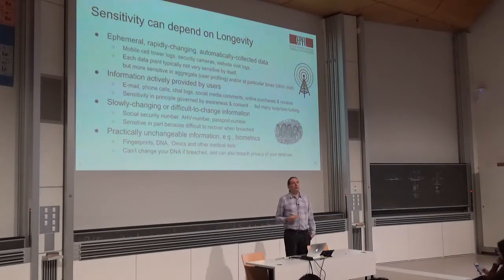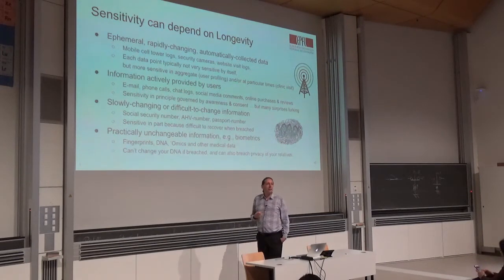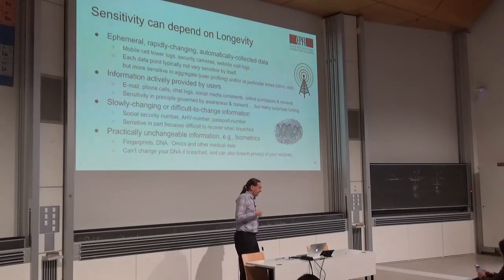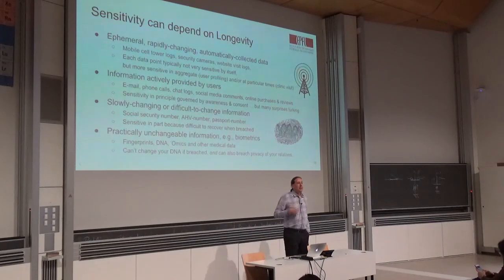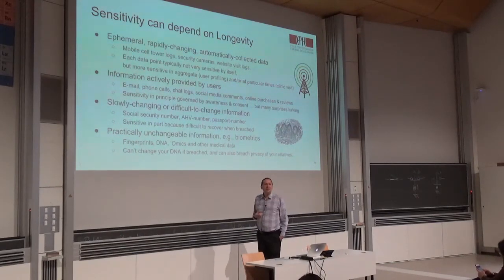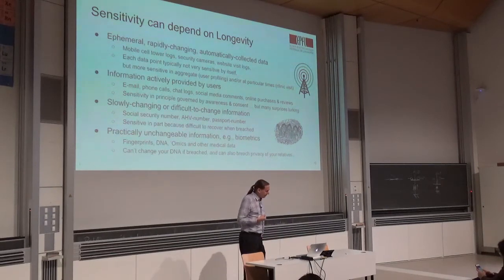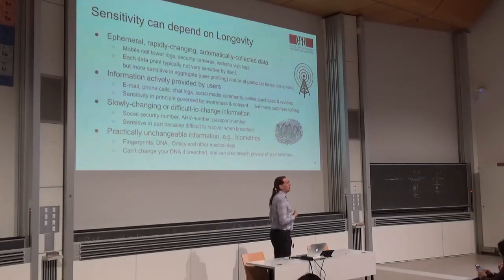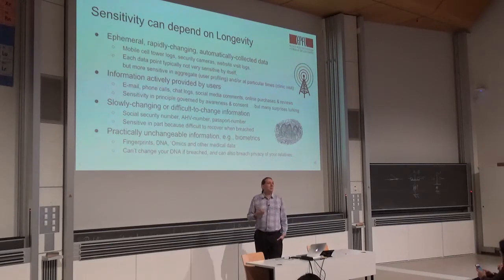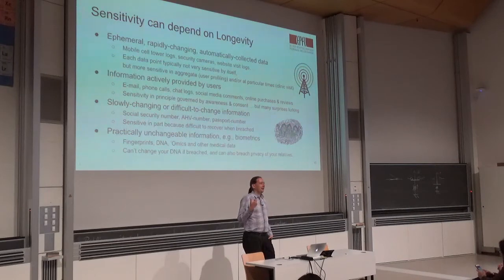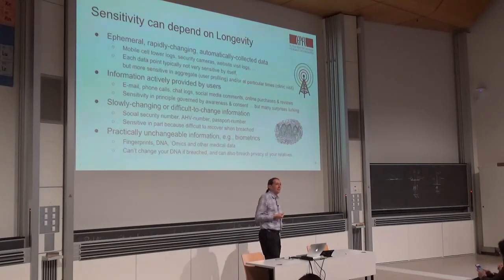Each of those data points is probably not that sensitive by itself, but often in aggregate, when many of those small data points are used together, they can produce a much more sensitive collection of information that can, for example, reveal your habits, where you go, how often, who you visit, things like that.